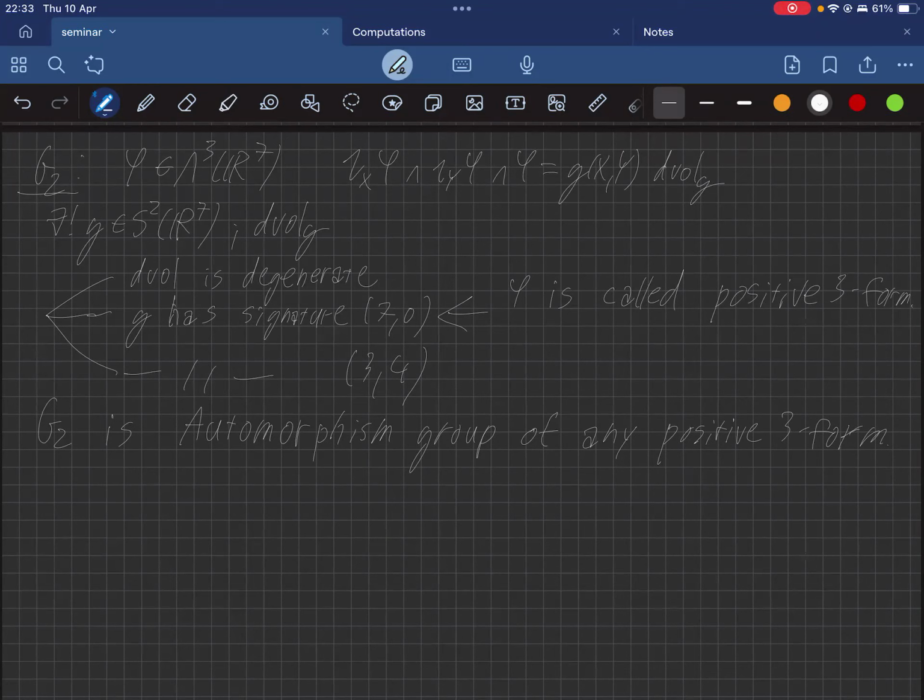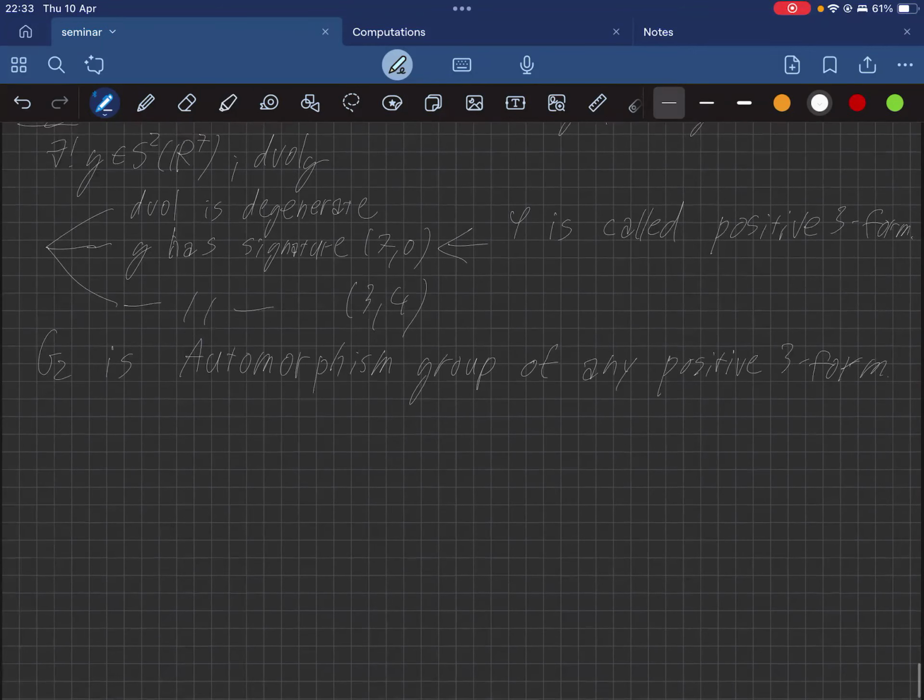So it's the stabilizer of a 3-form. Awesome. We have a G2 structure on a vector space, and this immediately leads to the definition of a G2 structure on a manifold, right?